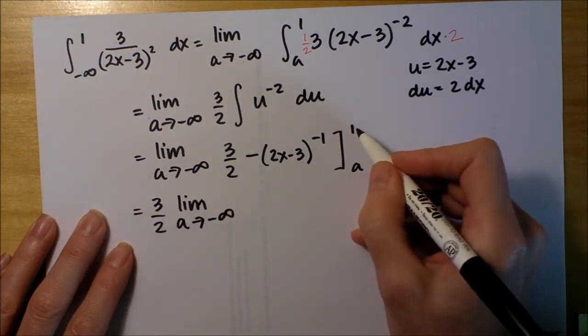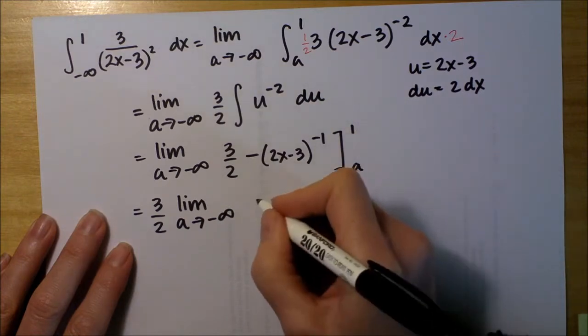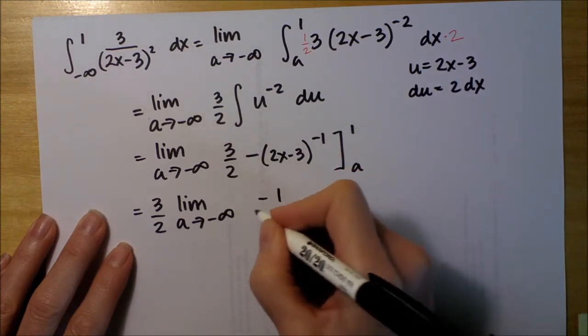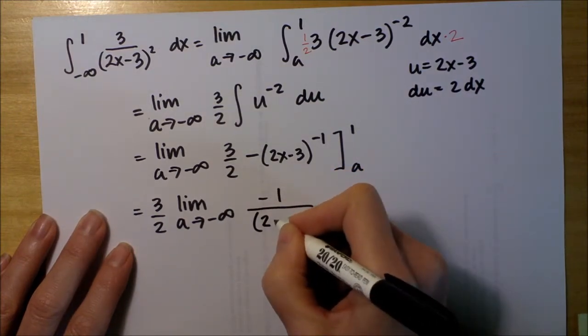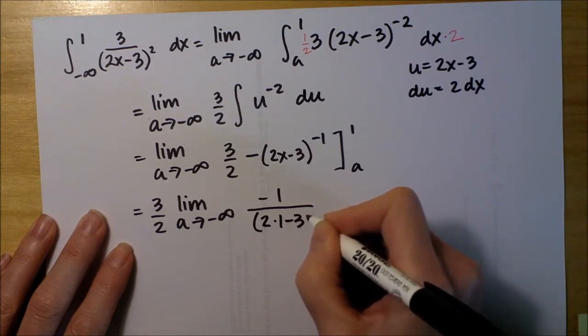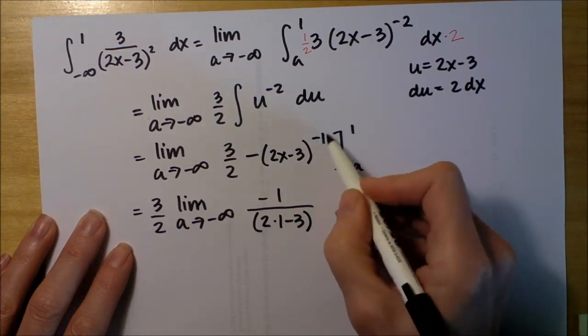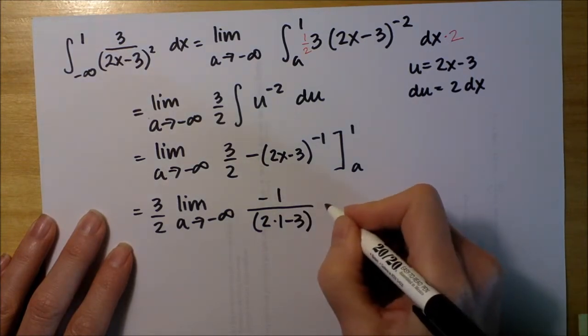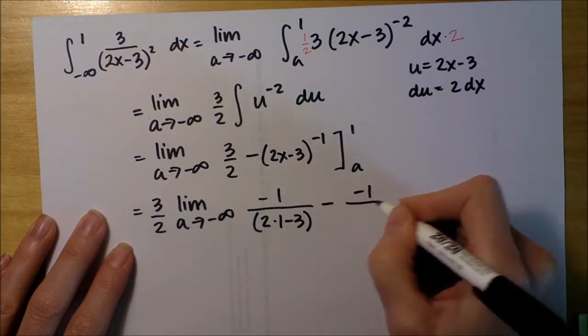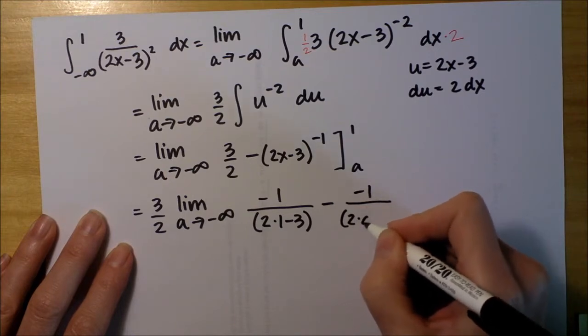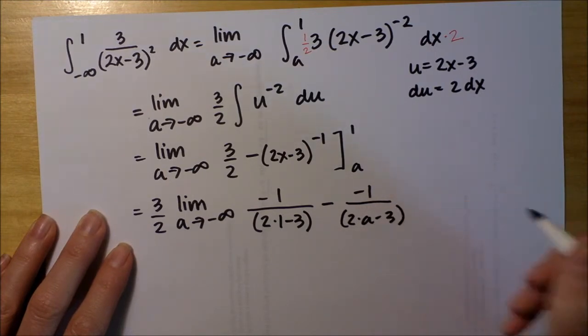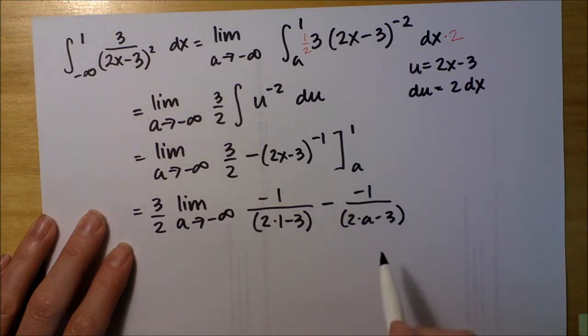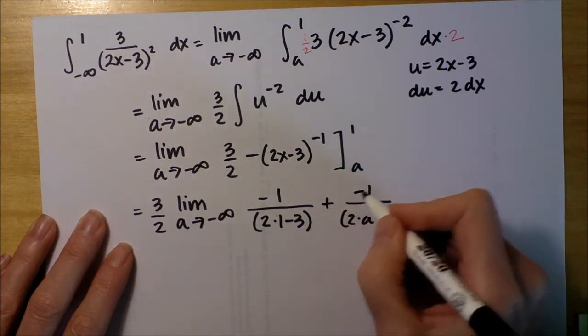When I plug in a 1, I get -1 over 2 times 1 minus 3. Right, because the -1 here means I can move this down to the denominator. Subtract -1 divided by 2 times a minus 3. So check this. So this is plus, right?